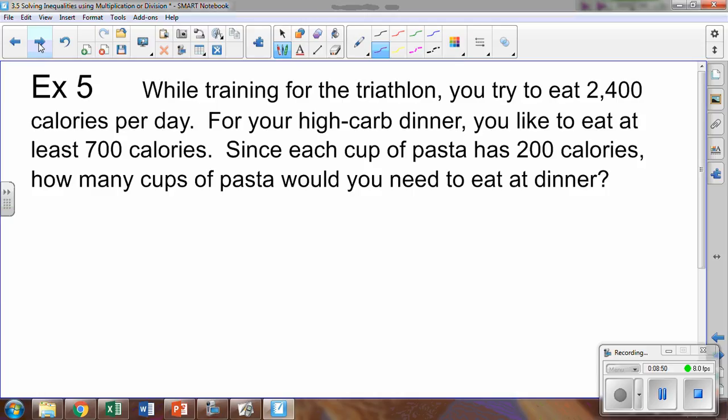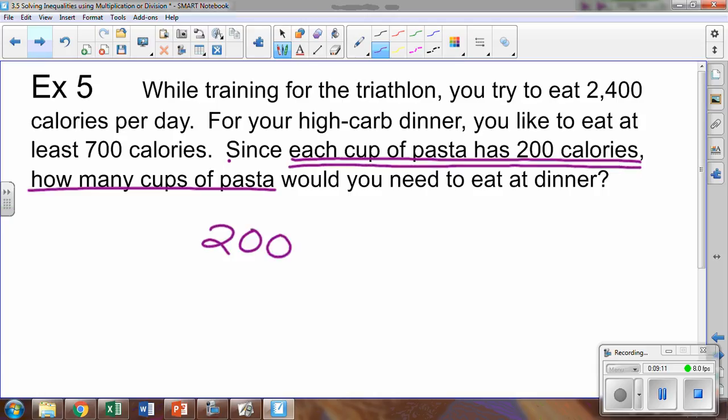Let's start looking for relationships. What is it that you're actually trying to determine? We're trying to determine how many cups of pasta. Well, other related information, each cup of pasta has 200 calories. So what we're noting is 1 cup is 200, 2 cups, 200 times 2 would be 400 calories, 3 cups, 200 times 3.